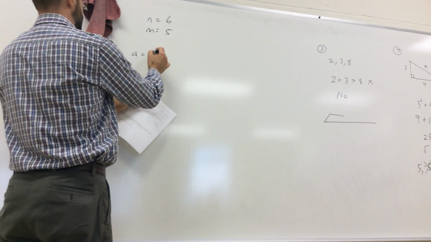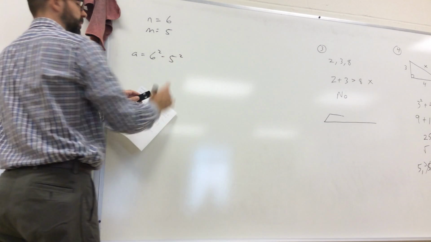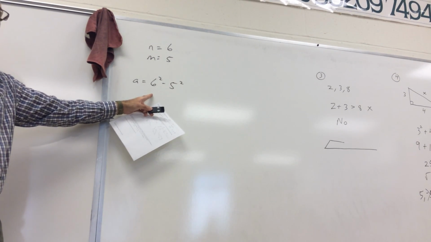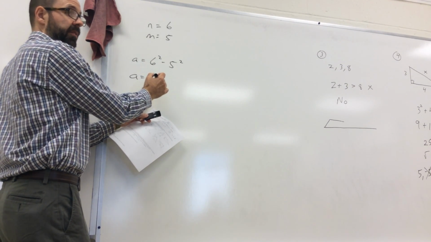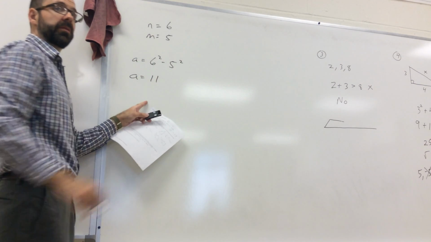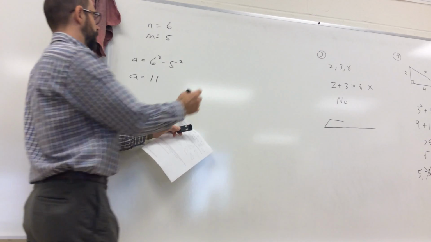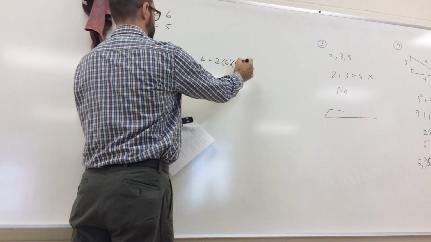So for A, you do n squared minus m squared. So that's 36 minus 25, which is 11. And then for B, you take 2 times n times m.